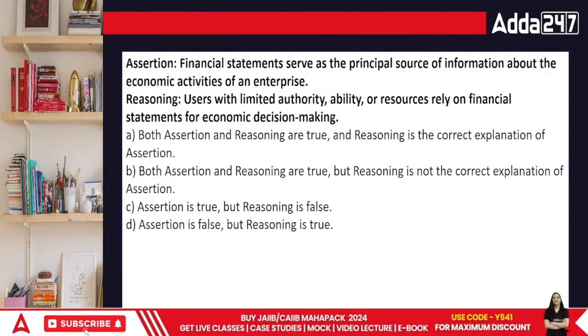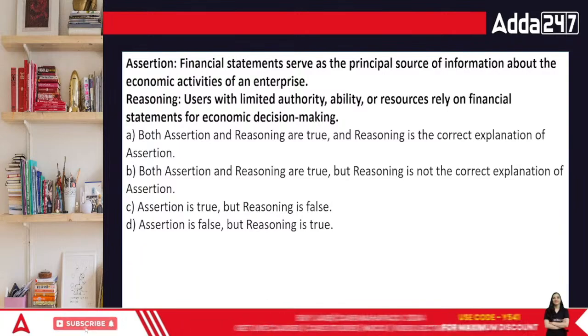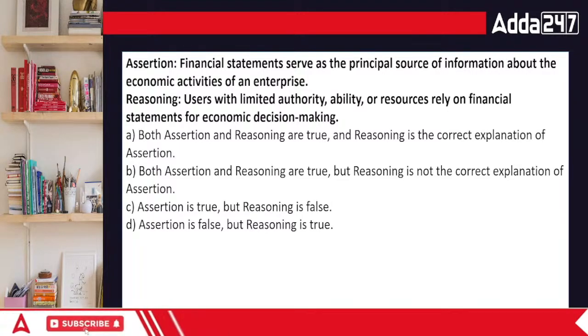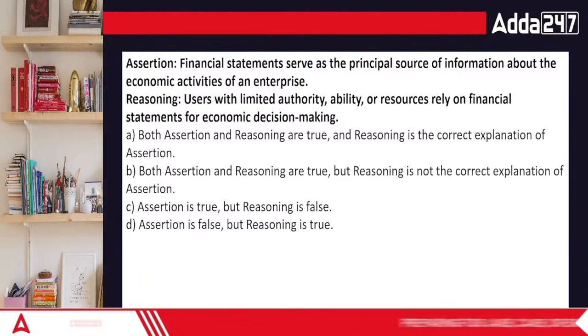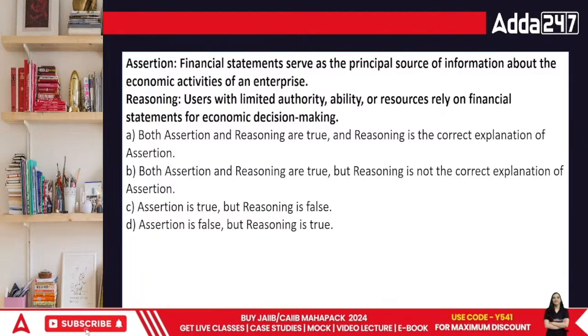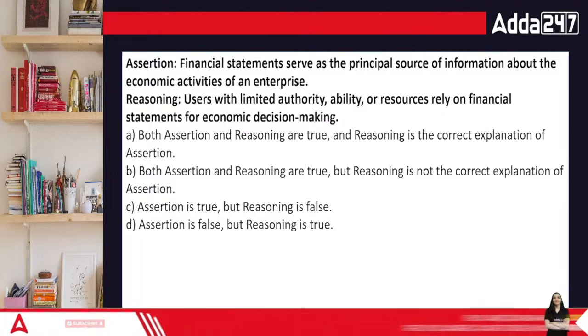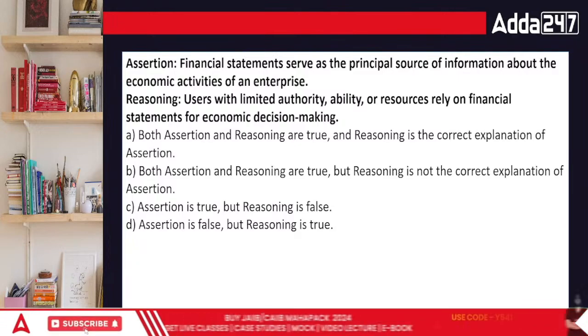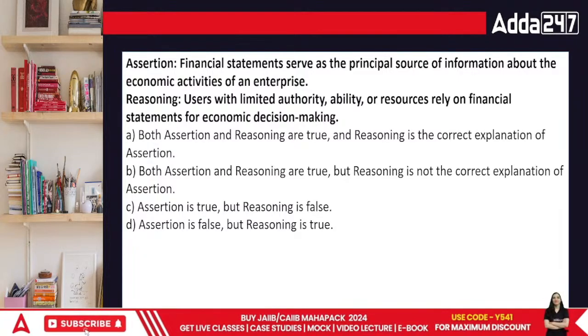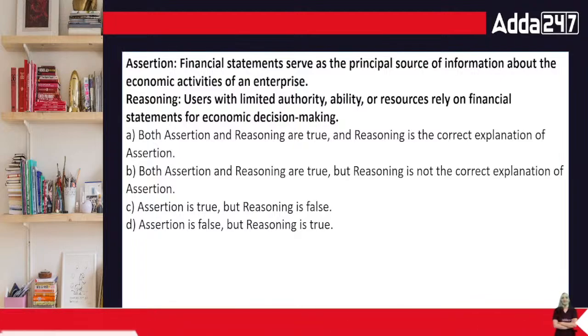They do. Reasoning: users with limited authority, ability, or resources rely on financial statements for economic decision making. Both assertion and reasoning are true, and reasoning is the correct explanation. Both are false. Both are true, but reasoning is false. Assertion is true, reasoning is false, and assertion is false, but the reasoning is true.